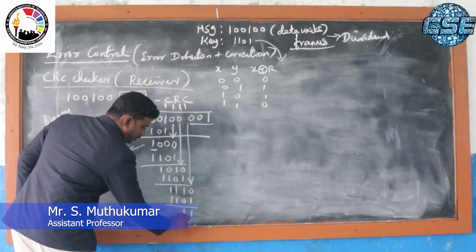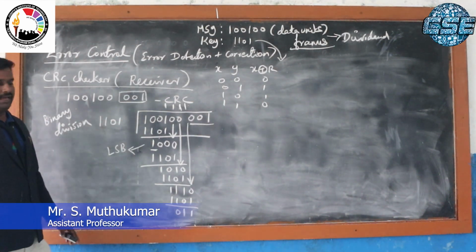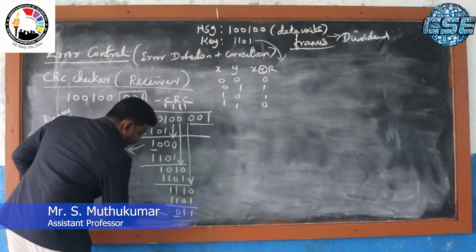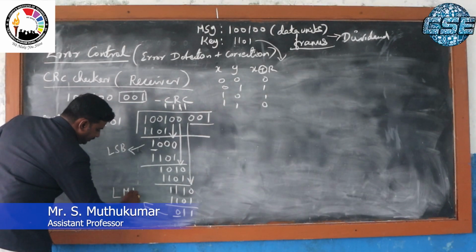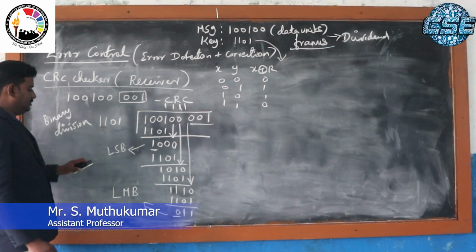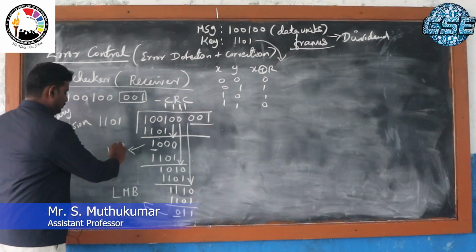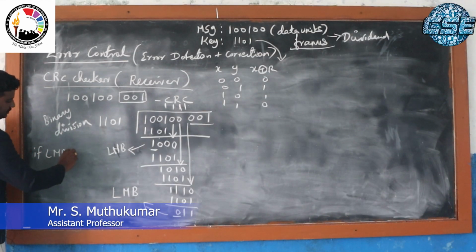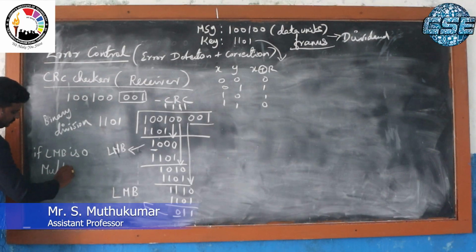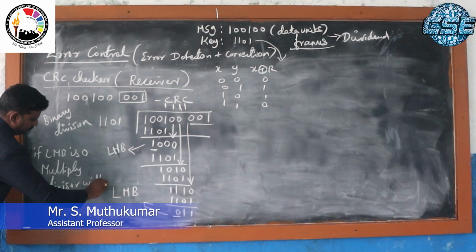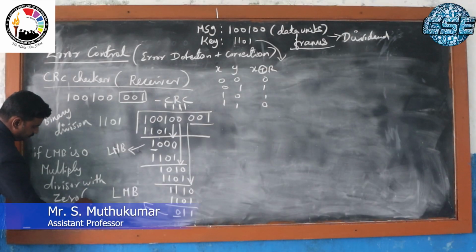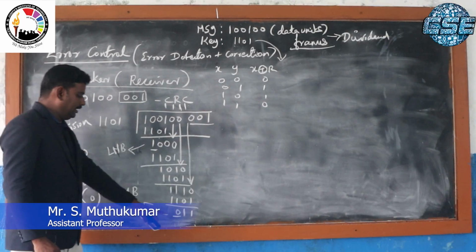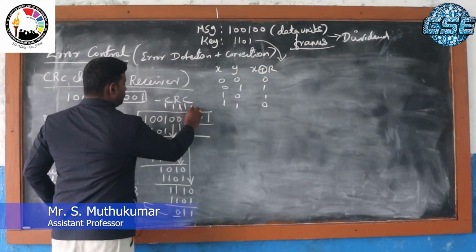So 1 1, note down carefully. Here the leftmost bit is 0. If the leftmost bit is 0, multiply the divisor with 0. Then multiply by 0, so you have to put 0 here.